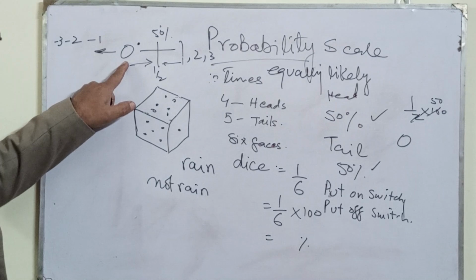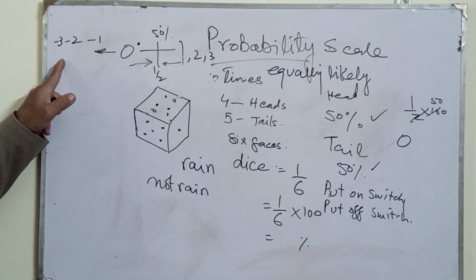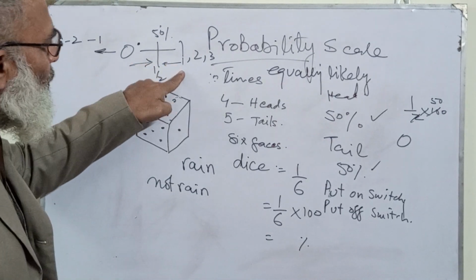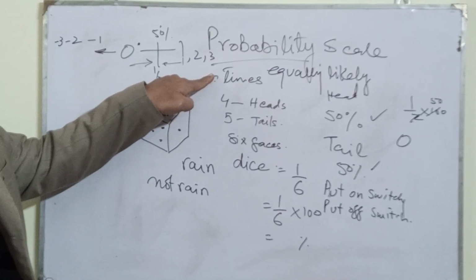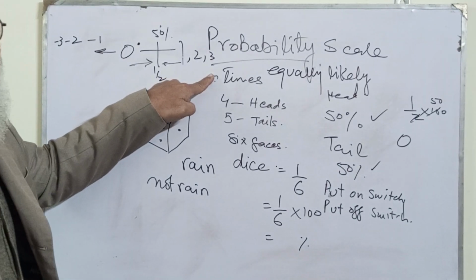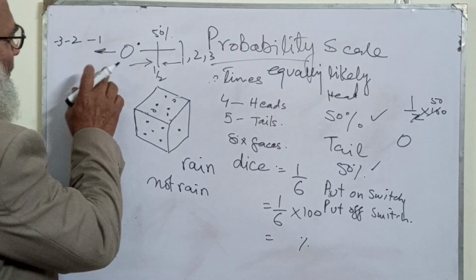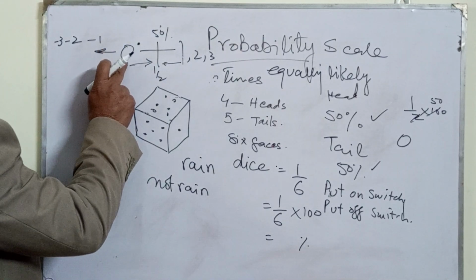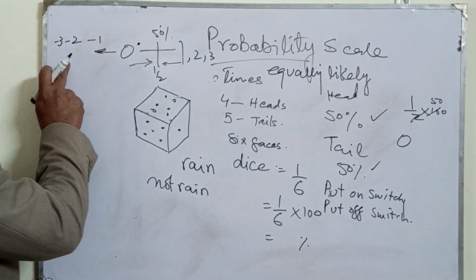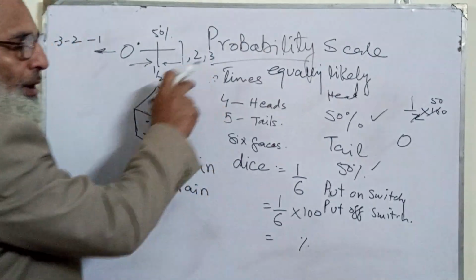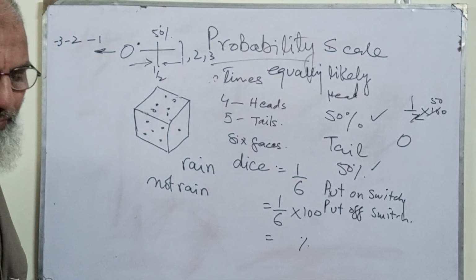Probability cannot go below 0, or go beyond 1. This point is to be remembered.